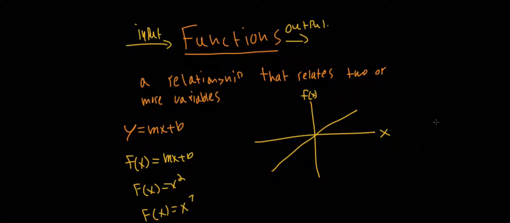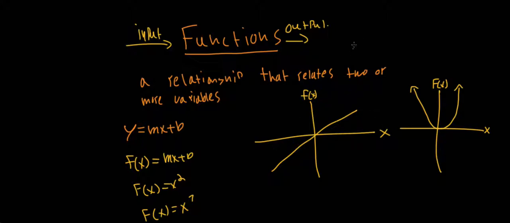Or let's look at another graph. Let's say we have a parabola, and once again, let's call this the x, which is the input values, and this the f of x, the output values. And this right here also represents a function. For every individual x value that you plug in, you're going to get a unique f of x value.